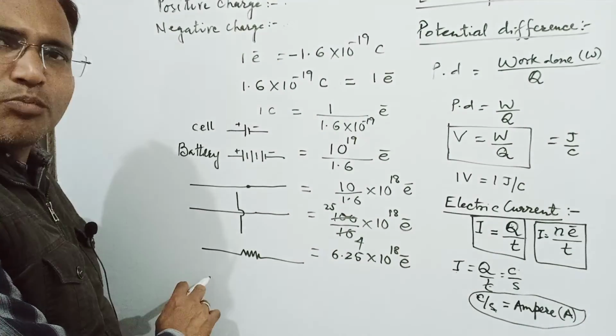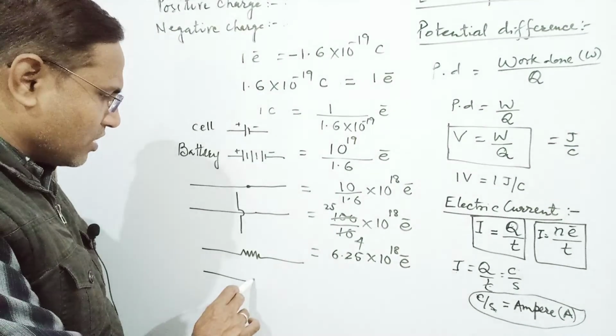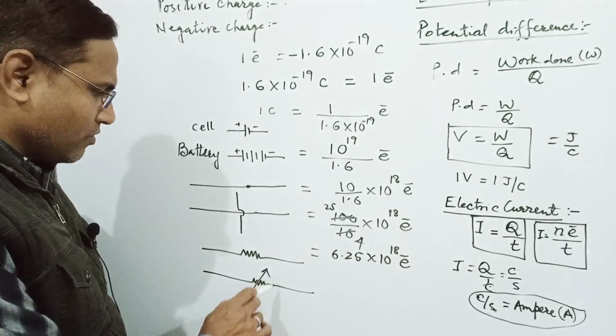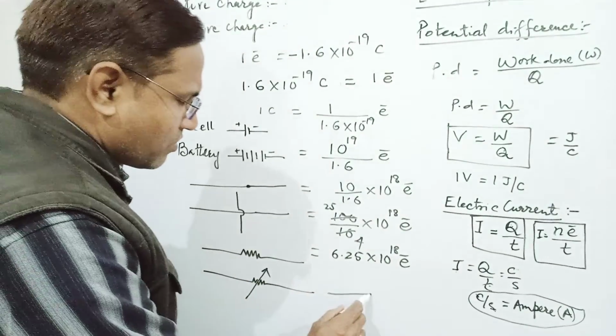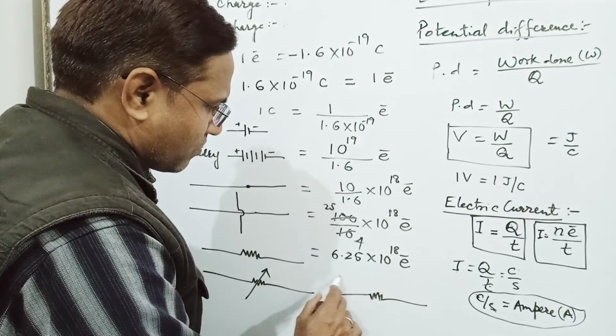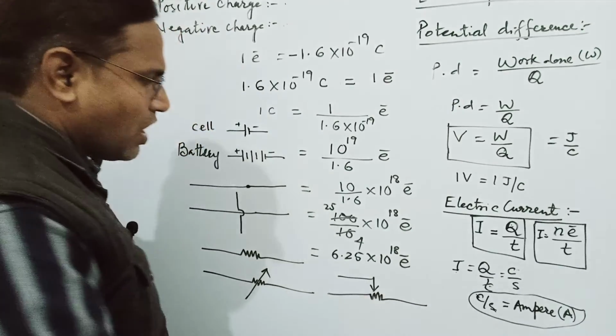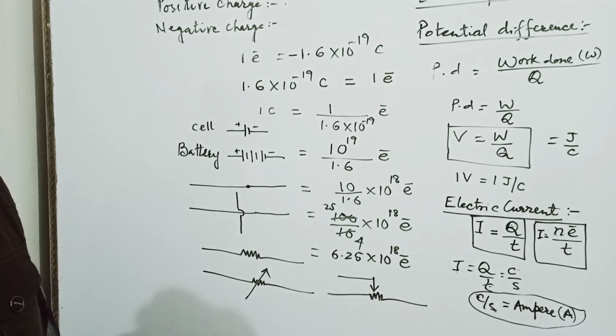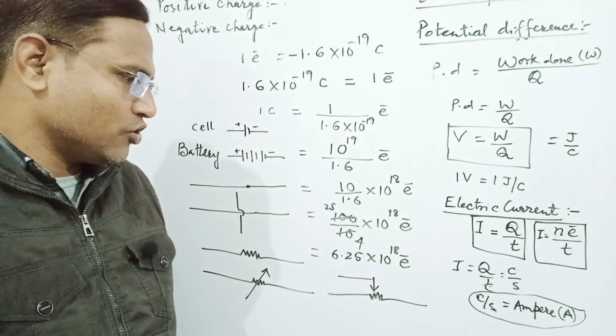If we have a variable resistor, we show it in this way, or we can show it in this way. Actually, this is also used to symbolize a rheostat.